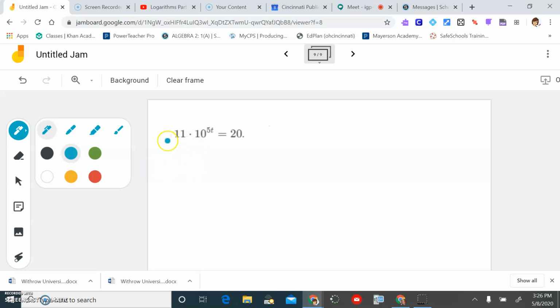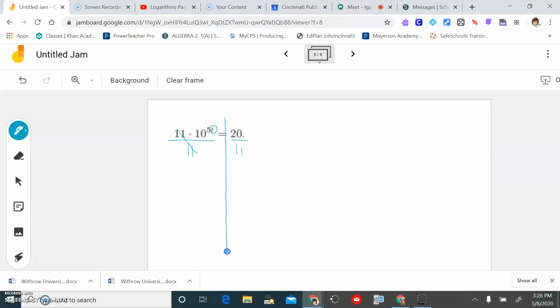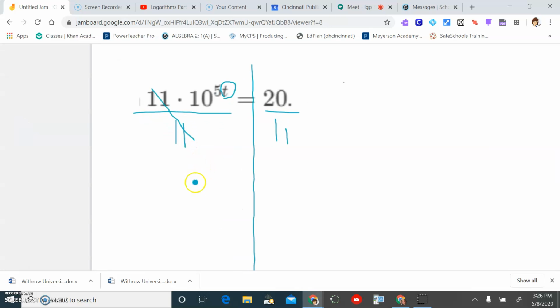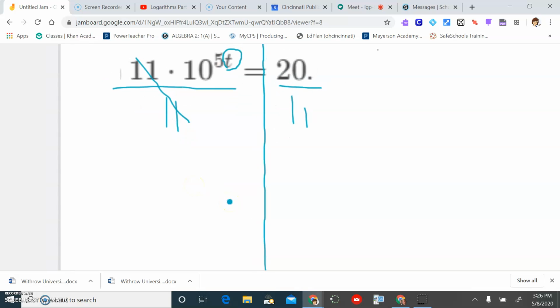Okay, so divide both sides by this 11 because we are trying to go backwards and get rid of everything that is farthest away from this t, but on the same side of the equal sign. So when we do that, we have left 10 to the 5t equals whatever 20 over 11 is.